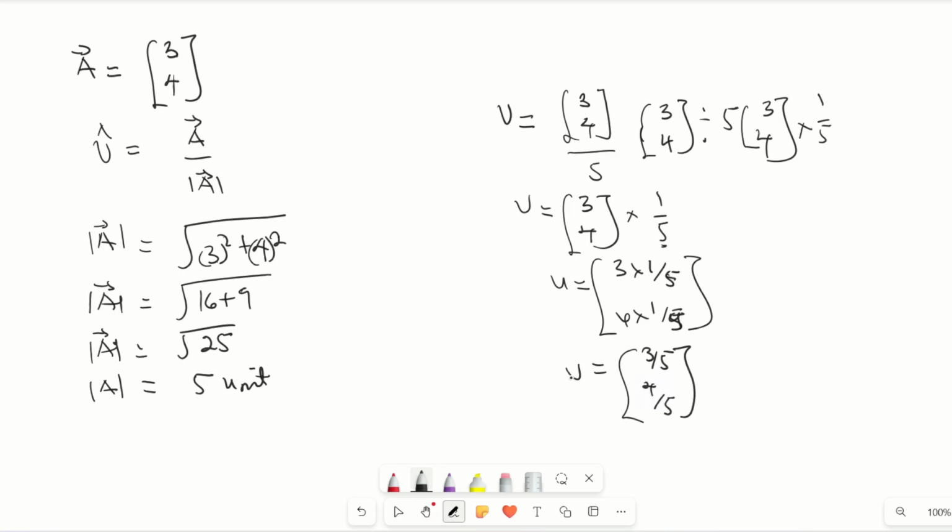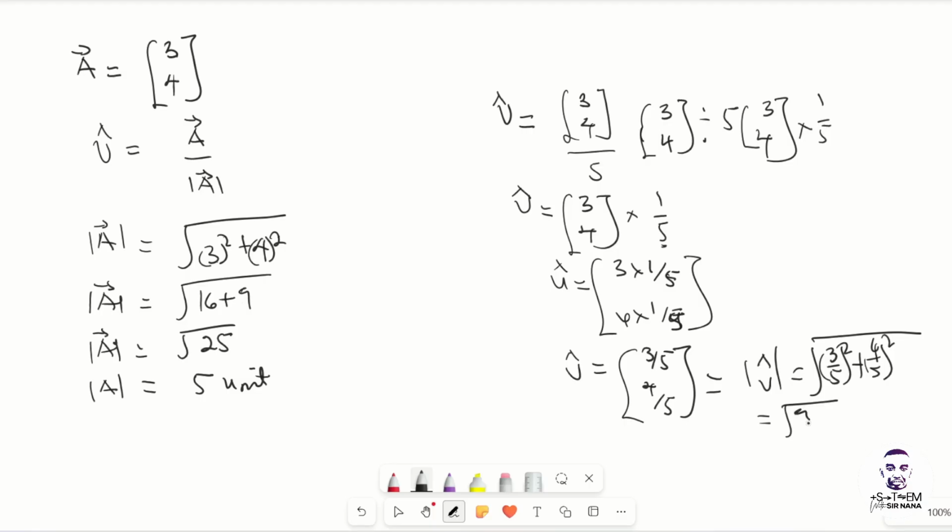And we can test this. We can check whether this is indeed a unit vector, because for a unit vector, when we find its magnitude, we should get 1. So the magnitude of u is the square root of 3 over 5 all squared plus 4 over 5 all squared. This will give us 9 over 25 plus 16 over 25.